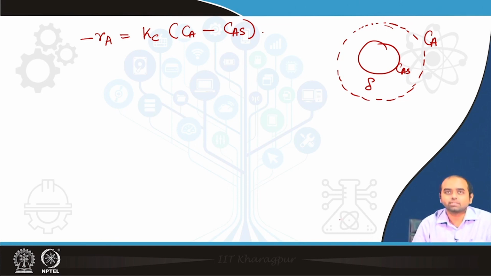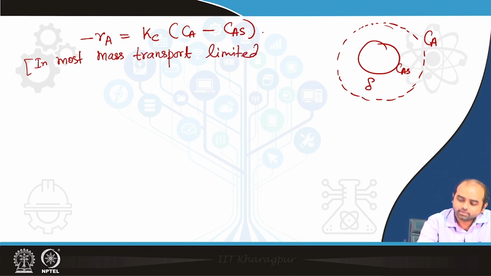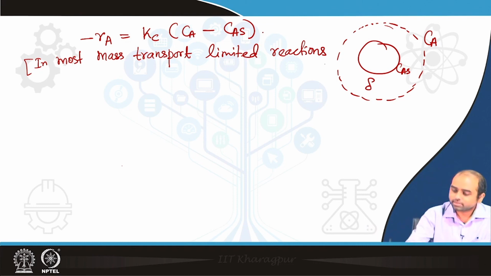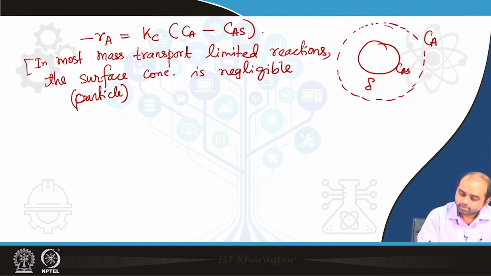In most mass transport limited reactions, which is the case here, because we study the mass transfer in the packed bed, the surface, meaning the particle surface concentration, is negligible compared to bulk.